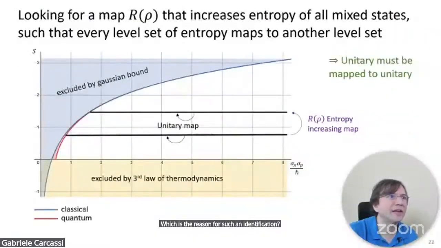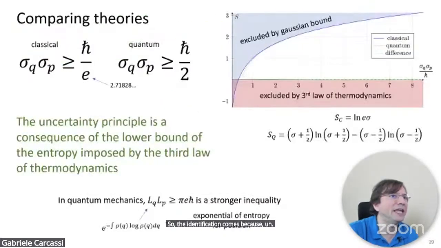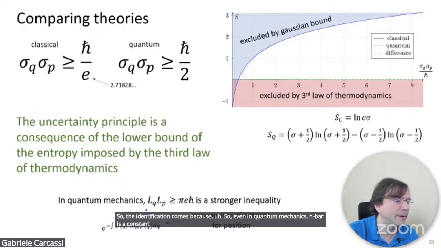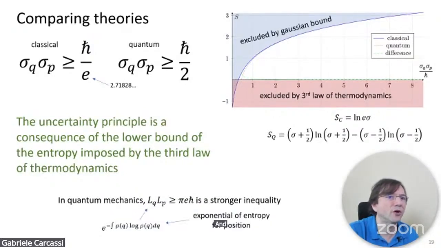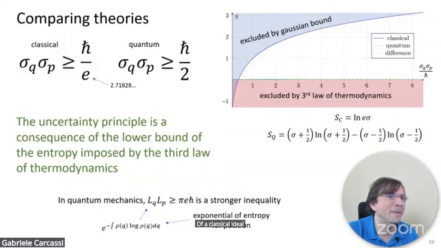So the identification comes because even in quantum mechanics, h bar is a constant that you go and measure. In this case, we can measure the entropy of a classical ideal gas at high temperature. And that entropy has to match the prediction of the theory.